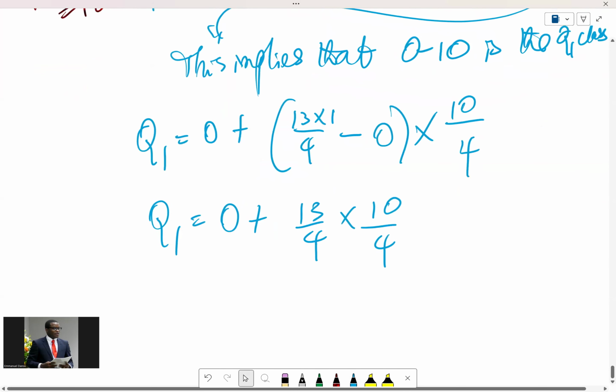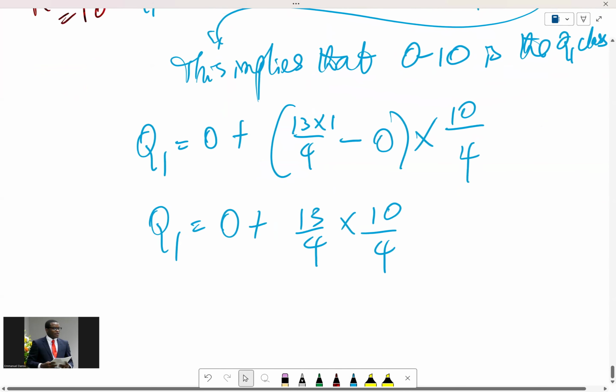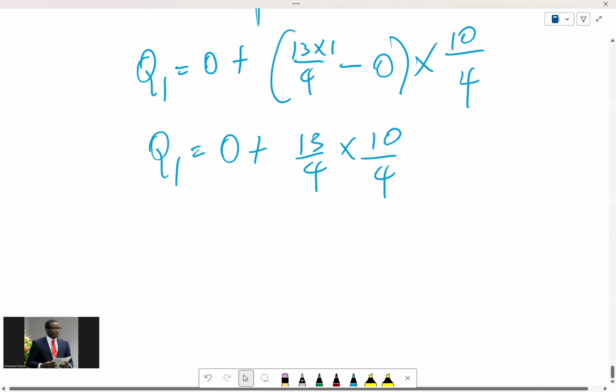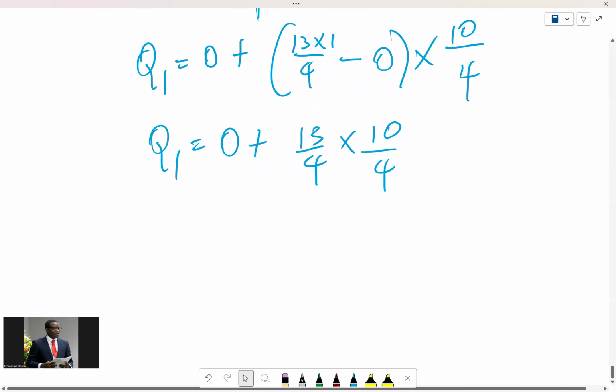So our Q1 is basically 130 over 8. 130 over 8 is 65 over 4. So 4 in 16 is 1, 4 in 25 is 6.